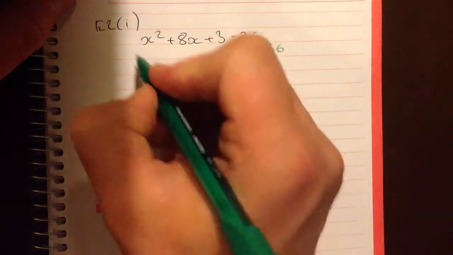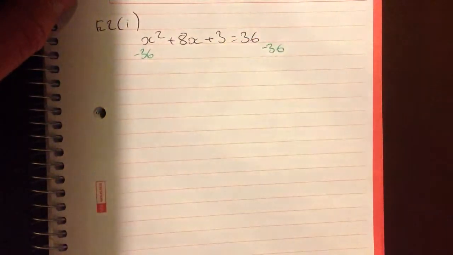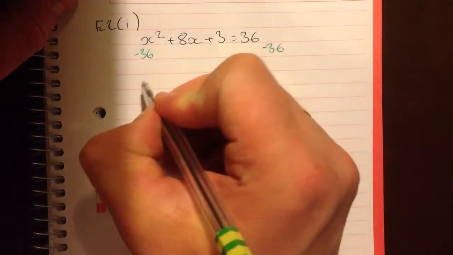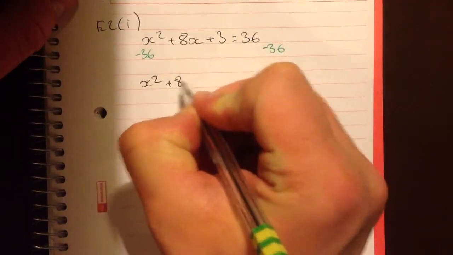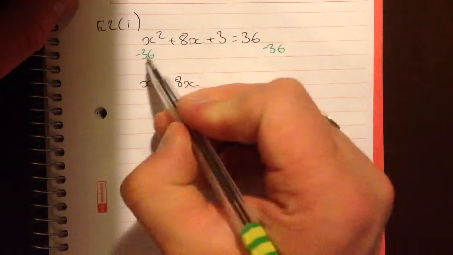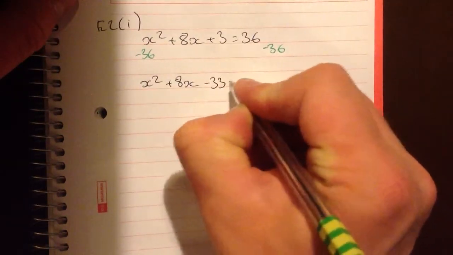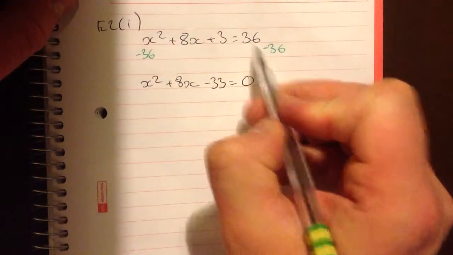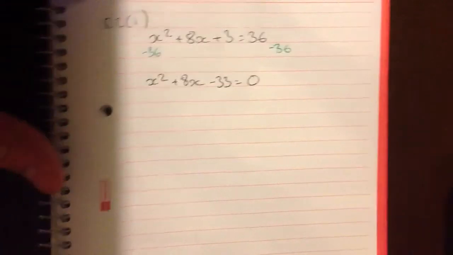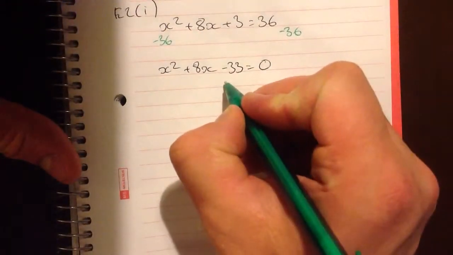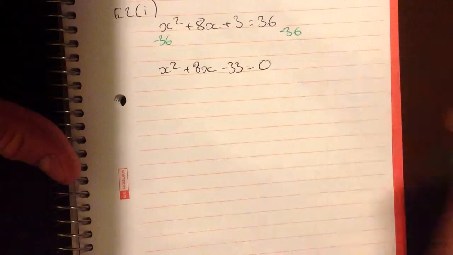Minus 36, minus 36. Okay, so we're going to end up with x squared plus 8x, 3 take 36 gives us minus 33 equals nothing, because we have 36 take away 36. We can start factorising that.